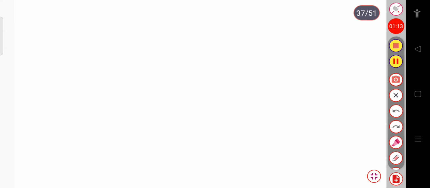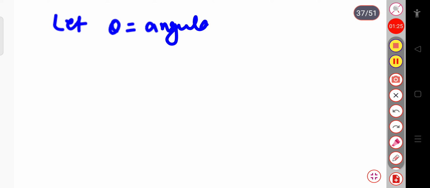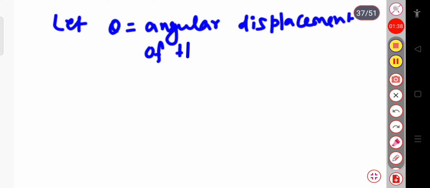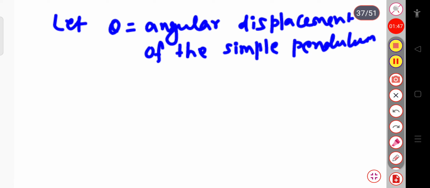Let theta be the angular displacement of the simple pendulum from the equilibrium position.